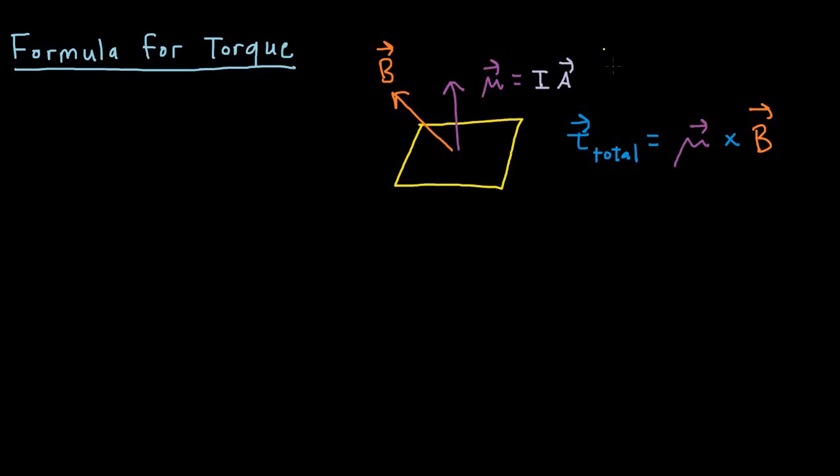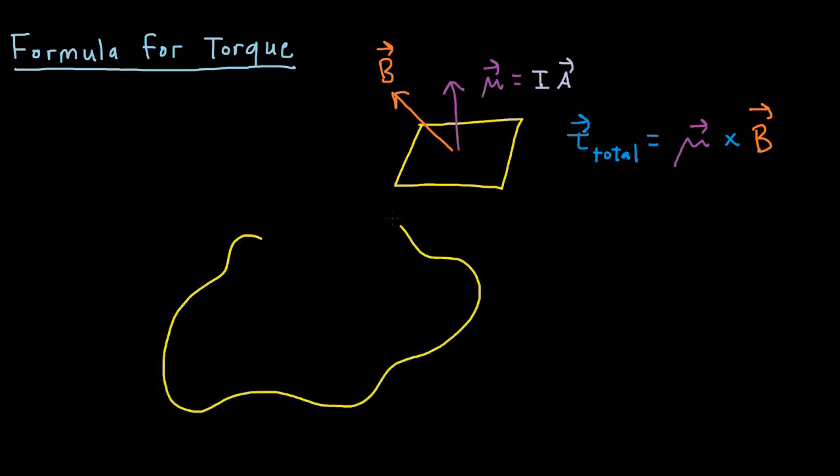Now, one of the really cool things about this equation, that the torque is equal to mu cross B, where mu is equal to I times A, is that this equation is actually true for any arbitrary shape of wire, not just a square. So let me quickly outline the argument for why that should be true.